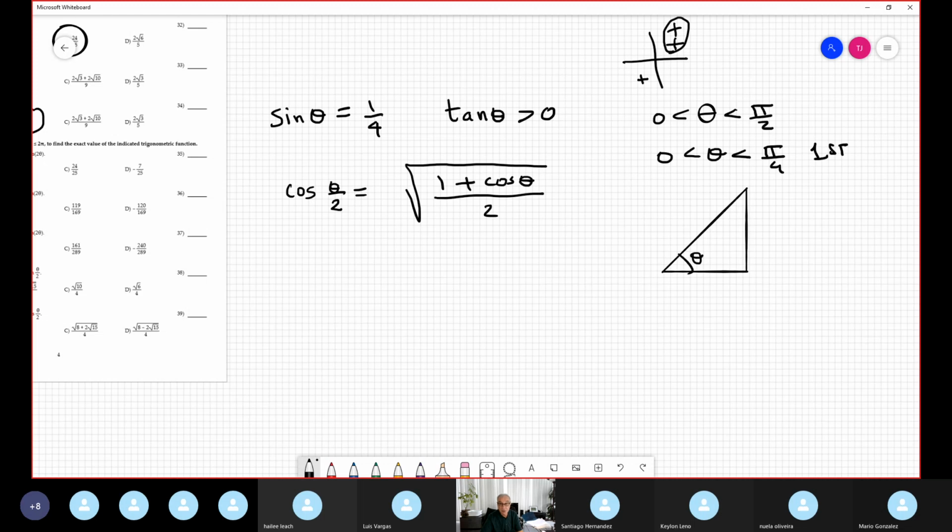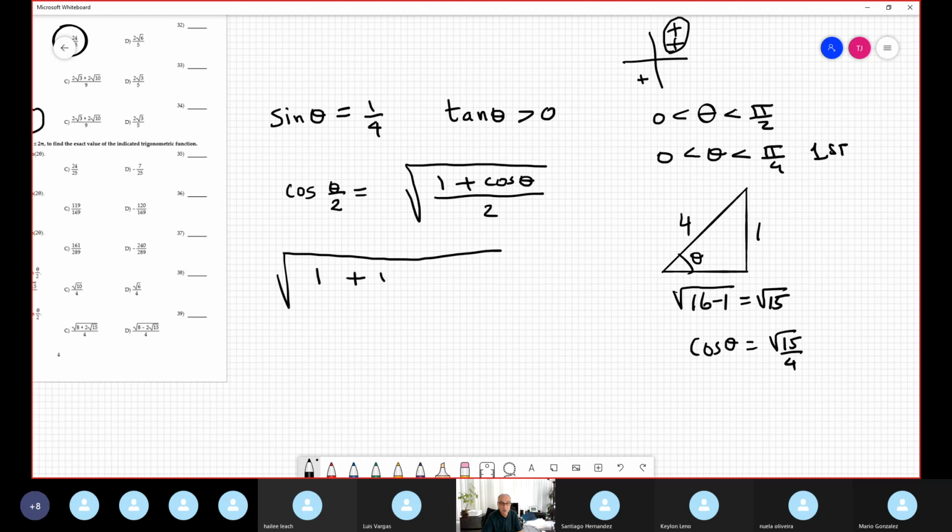This is sine, 1 over 4 here, and this is, as I did before, radical 15, 16 minus 1, square root 15. So therefore cosine theta is square root 15 over 4. So we have the square root of 1 plus square root 15 over 4, divided by 2.